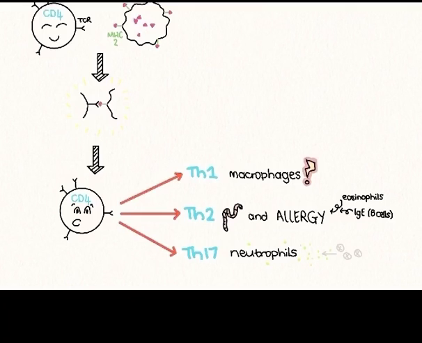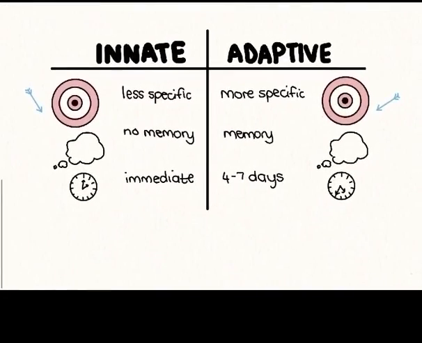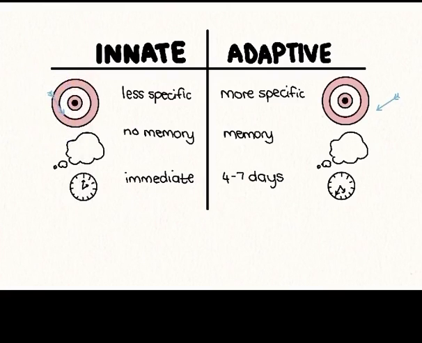The main difference between the innate immune system and the adaptive immune system is that the innate immune system is less specific than the adaptive immune system because it recognizes PAMPs, and the innate immune system is unable to form memory, and therefore any infection which is successfully destroyed by the innate immune system is not remembered by the immune system. The adaptive immune system, on the other hand, is more specific and can create immune memory.